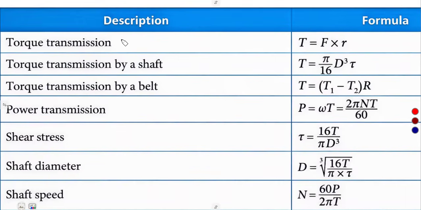The formulas from the torque transmission, which is force times radius, the torque transmission by a shaft, which is pi over 16 d cubed times tau, which is your shear stress, the torque transmitted by a belt, power transmission, the shear stress, the shaft diameter, the shaft speed.